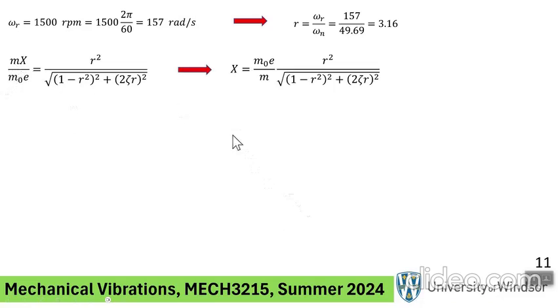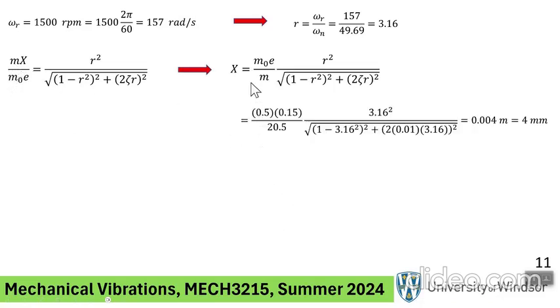So let's plug it in. It's just a matter of solving for x. Let's see what we have here. M naught is that half a kilogram that we put in there. Eccentricity is 15 centimeter. Right there, we are told that the unbalanced mass is stuck 15 centimeter away from the center of rotation. This is the mass of the block, 20.5.